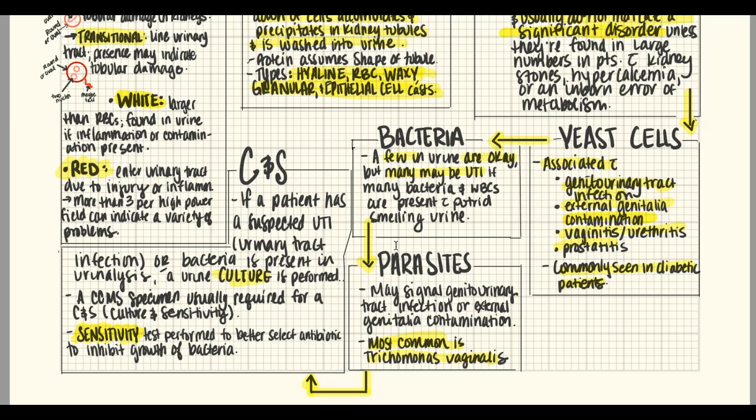Once they can identify the bacteria growing in the urine by way of culture, they can do what is called a sensitivity, which is the test they perform to help them select the antibiotic to inhibit the growth of the bacteria. So once they can identify the bacteria, they can do a sensitivity to know what antibiotic is going to kill that bacteria, essentially. That's what culture and sensitivity does.